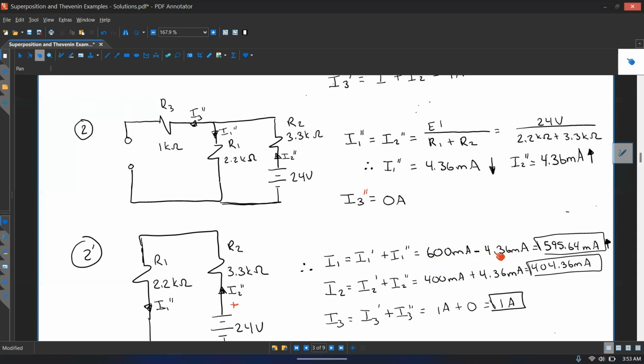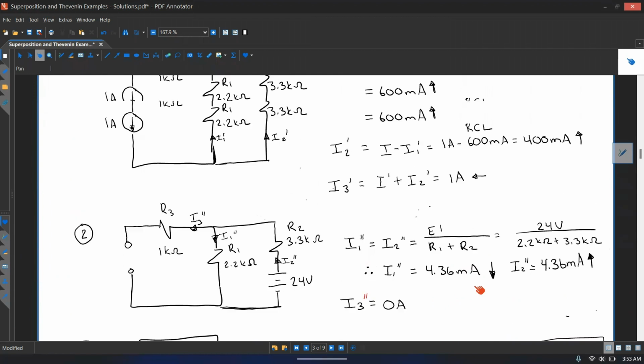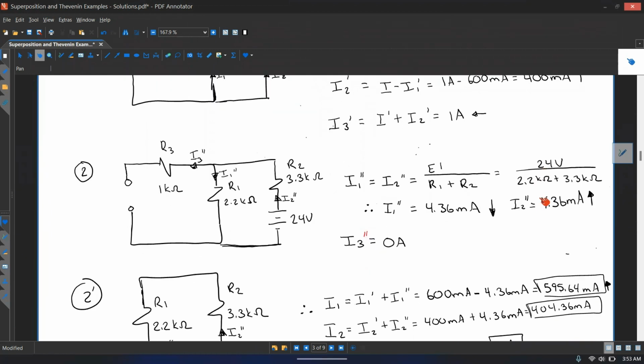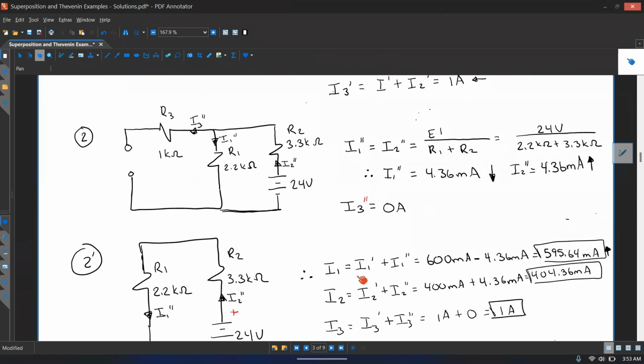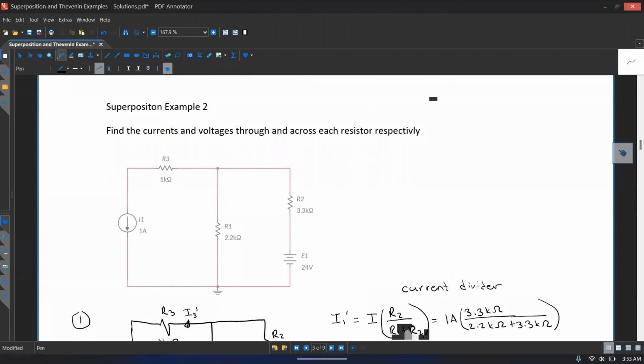And the direction of current flow is going to be the direction of whichever current is larger. So in this case right here, the 600 milliamps was flowing up. So therefore, I1 is going to also flow up. So we come back up here to our original circuit and draw in I1. It's going to be flowing in this direction right there.